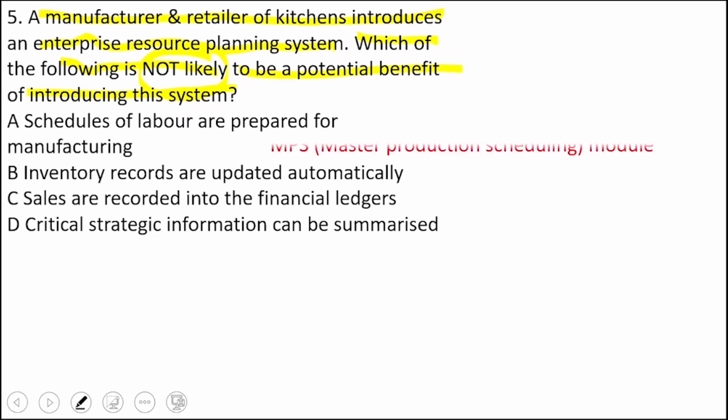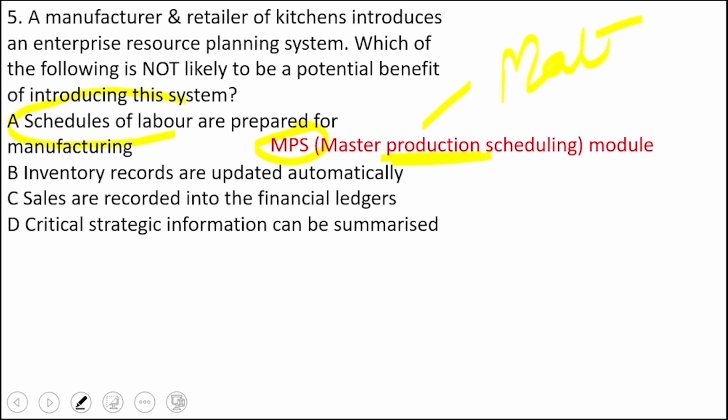Now, in an ERP system, we have something called the Master Production Scheduling Module, the MPS module. Now, in this MPS module, everything related to production, whether it is material, whether it is labor, everything can be prepared here. So, option A is actually a benefit of the ERP system. Now, option B, inventory records are updated automatically.